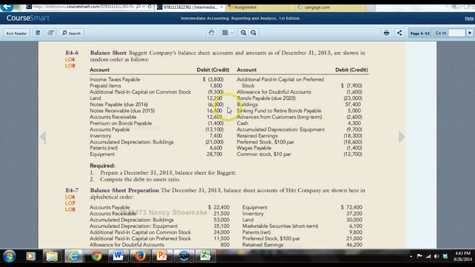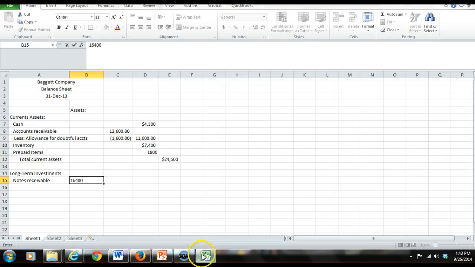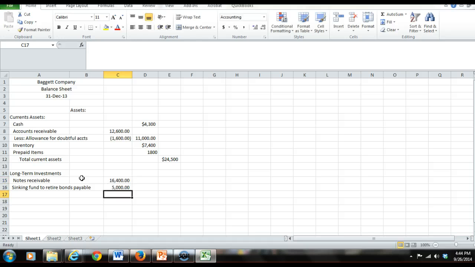So we have accumulated a sinking fund in order to clean out our bonds or reduce our bonds. This currently is sitting on our assets until we use it. And so I'm going to put that in long-term investments also. Sinking fund to retire bonds payable, and this is going to be a total of $5,000.